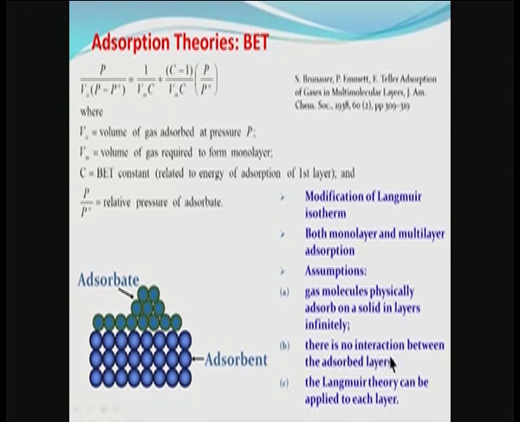There is no interaction between adsorbed layers, that is the different layers of the adsorbed material do not interact with one another, and that the Langmuir theory which is applicable to a monolayer can be applied to each layer of the adsorbate of a multi-layer adsorption case. So, this is the BET equation which is the basis of experimental measurement of the specific surface area of a material.